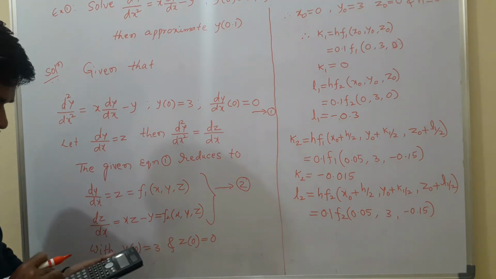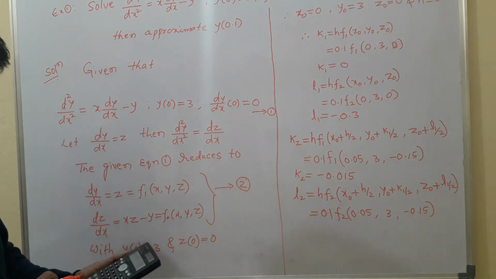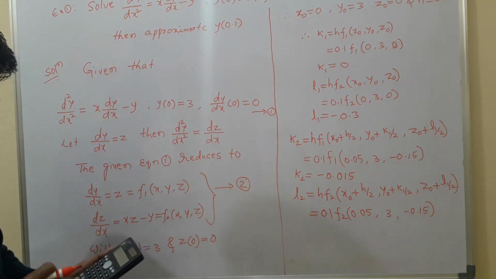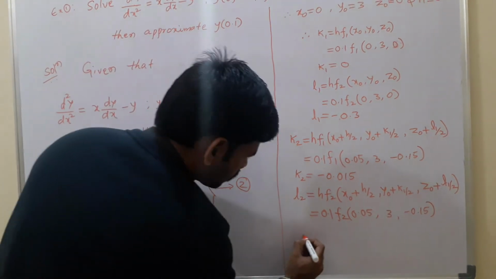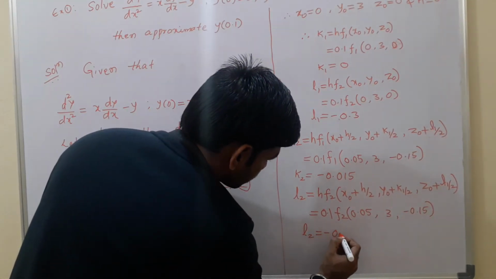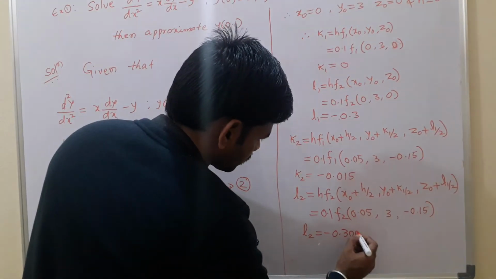So 0.05 into xz, that is minus 0.15, minus y, that is 3, into 0.1. So L2 equal to minus 0.30075.